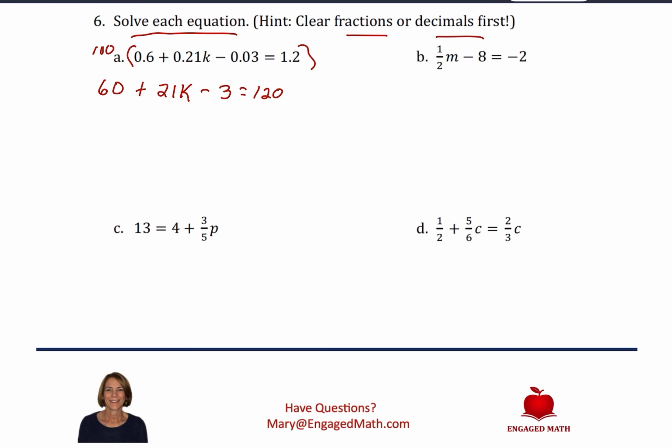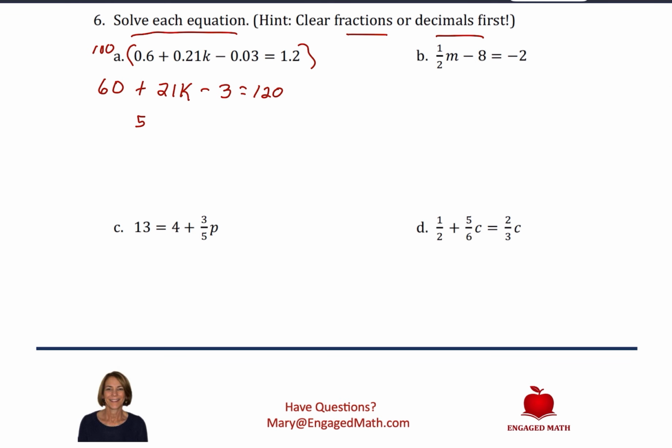I am going to combine the 60 and the minus 3 together. So I have 57 plus 21k is equal to 120. Subtract 57 from both sides. We're doing the same thing to both sides, so we can certainly do that. So 21k is equal to, and think about when you subtract 57 from 120, because I know we're encouraging some good mental math here, the difference between those two is 63.